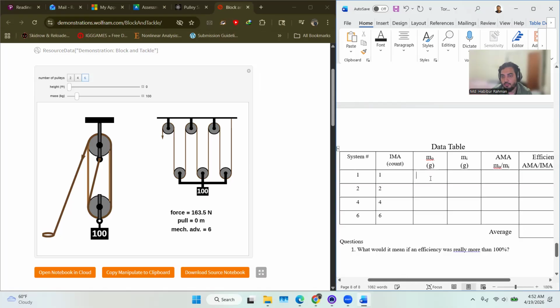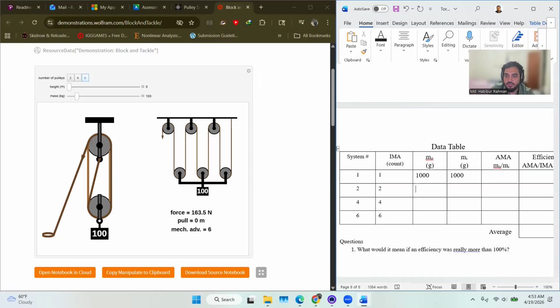And the mass, if we want to lift 100 gram, then how much mass do we have to give here? 50. If you want to lift like 1,000, then it will be 500. Oh, no, there is one pulley, so there is no moving pulley, just one fixed.